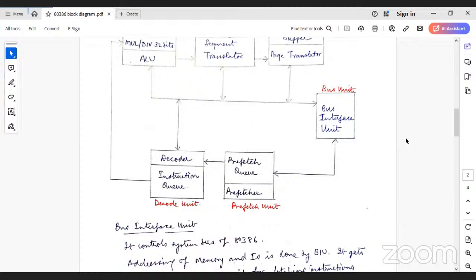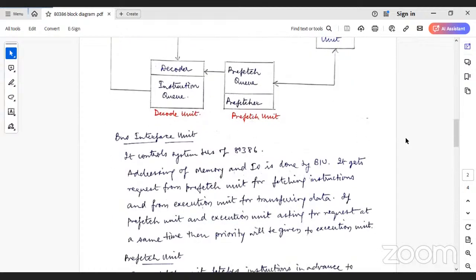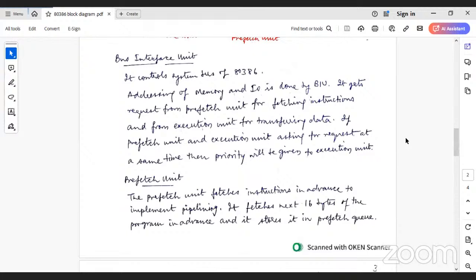I told you that a memory location can save only 1 byte, but in one machine cycle, 4 bytes will be taken at a time because it is a 32-bit processor. So if it is prefetching 16 bytes, it means 4 instructions have to come at a time into the prefetch unit.